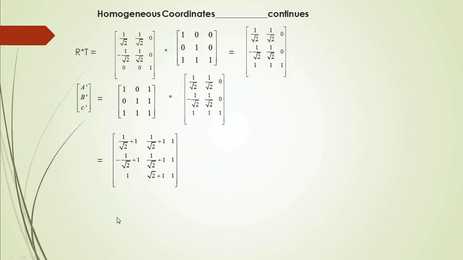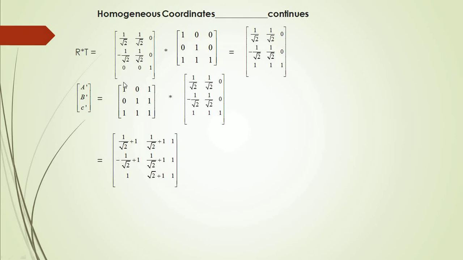We calculate R into T, that is the rotation followed by the translation, and we calculate A', B', and C' using this matrix. The coordinates of A B C are 1 0 0 1 1 1, where the last 1 is the w value, the default value 1.